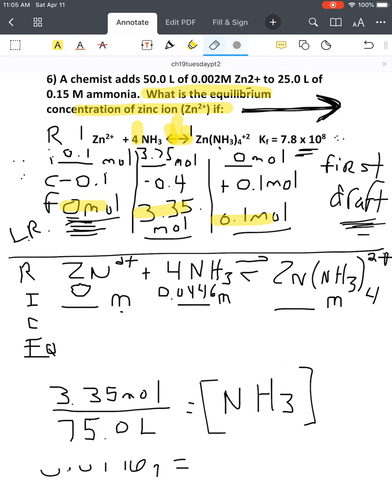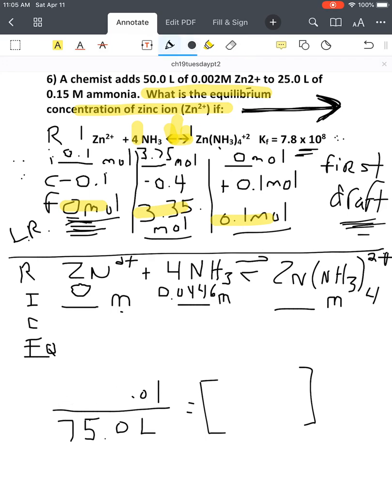Makes sense, right? Now I do the same type of thing for the concentration of my other substance. Now what is my other substance that I've got some of? Well, I've got this complex ion, the zinc, where it's bound up with the ammonia, right? The whole thing's 2 plus. Okay. Still 75 liters total volume. But now, how many moles of that stuff do I have?